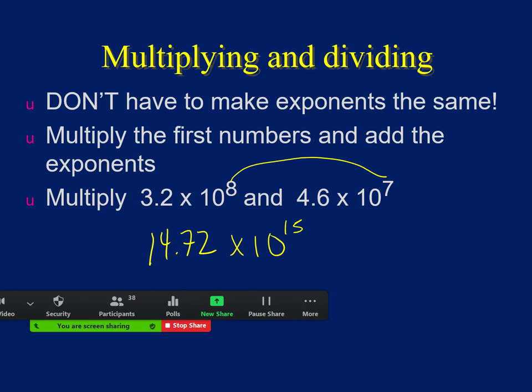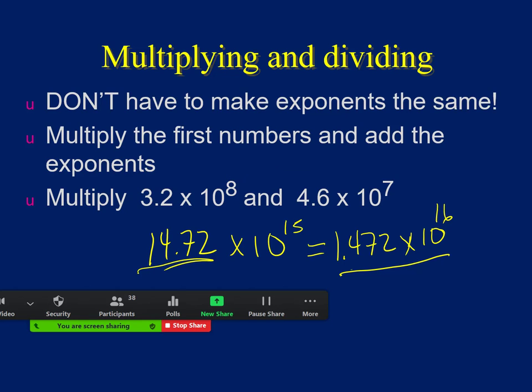But that's not right, because this is not between 1 and 10. To make it between 1 and 10, I'd have to write it as 1.472. That means I got to change my exponent. I made the number smaller, so I need to make the exponent bigger. So you get 1.472 times 10 to the 16th.